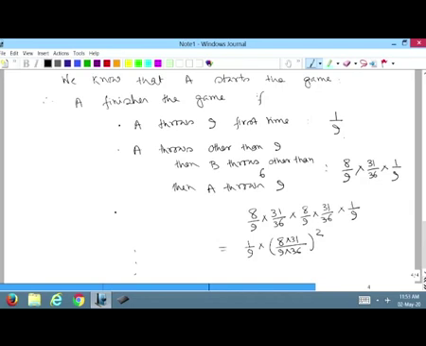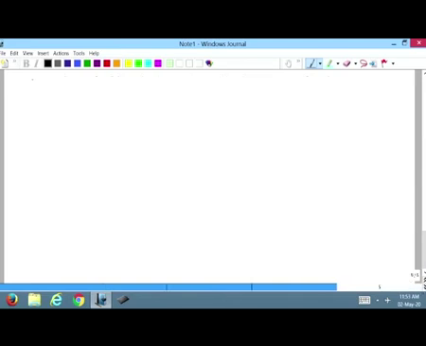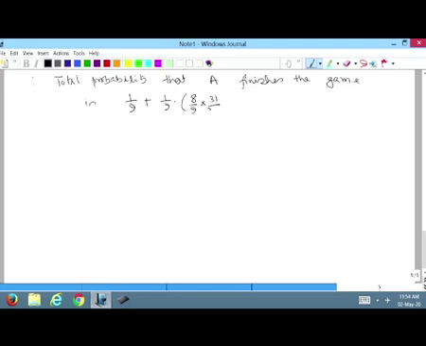As you can understand, A finishes the game only at odd turn, therefore, total probability that A finishes the game is 1 by 9 plus 1 by 9 into 8 by 9 into 31 upon 36 plus 1 by 9 into 8 by 9 into 31 upon 36 whole square.